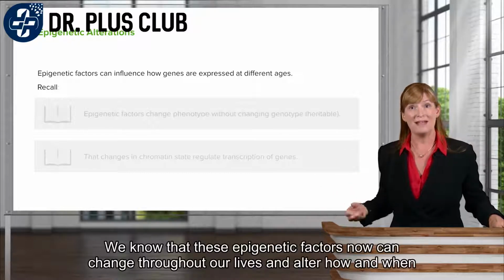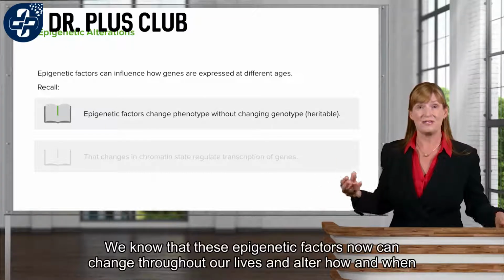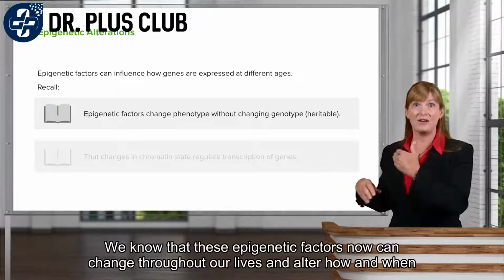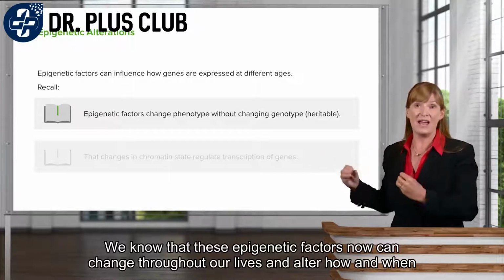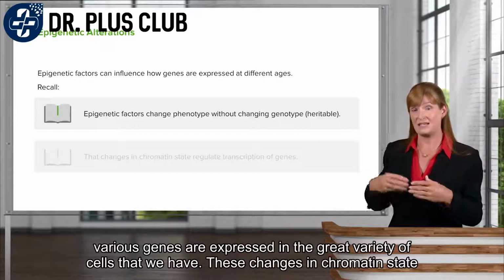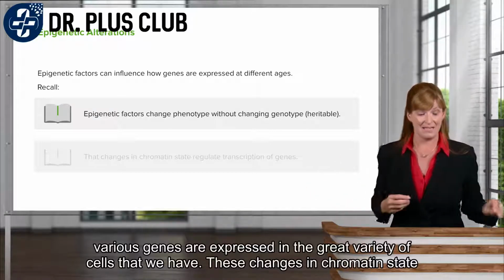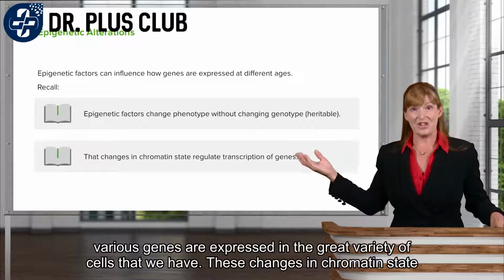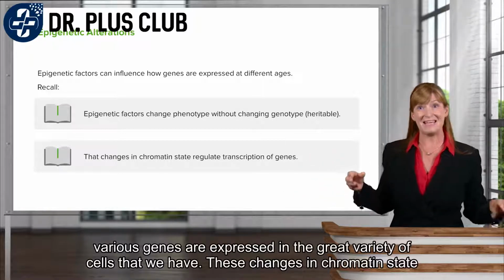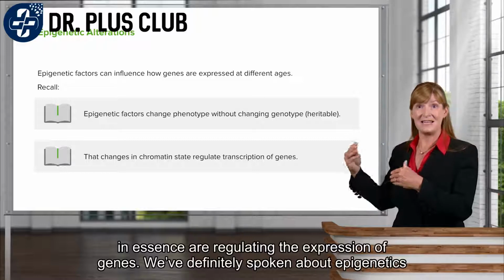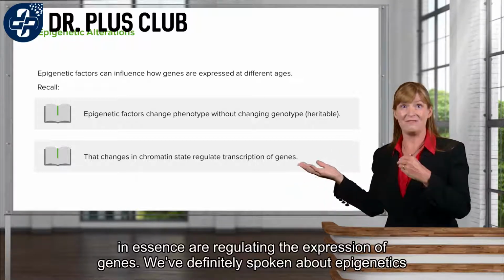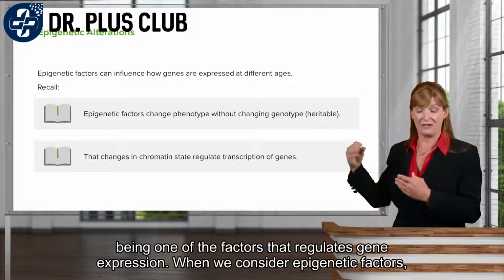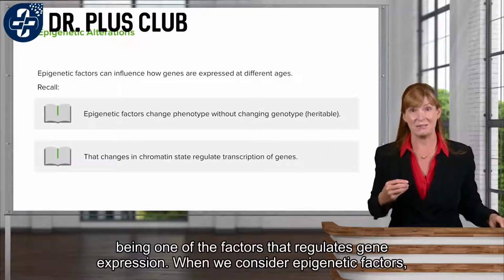And we know that these epigenetic factors now can change throughout our lives and alter how and when various genes are expressed in the great variety of cells that we have. So these changes in chromatin state, in essence, are regulating the expression of genes. And we've definitely spoken about epigenetics being one of the factors that regulates gene expression.